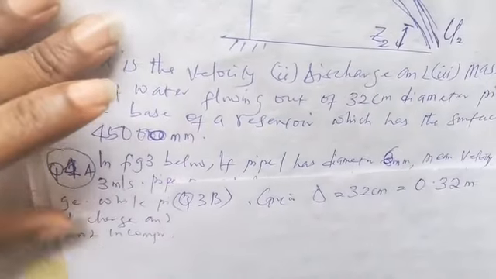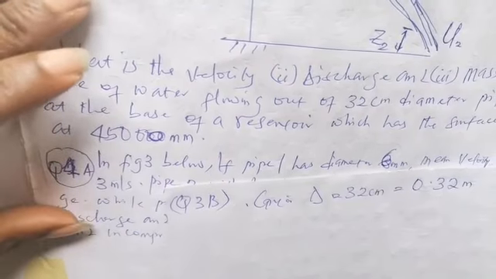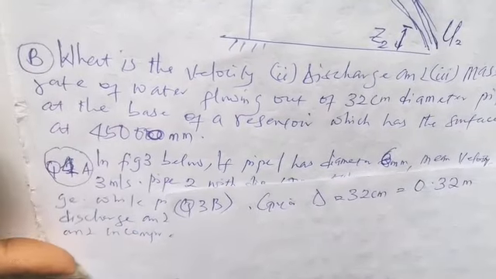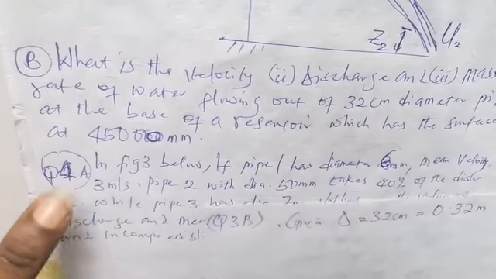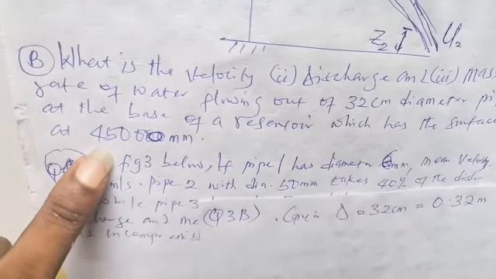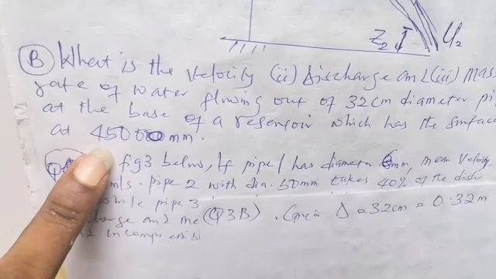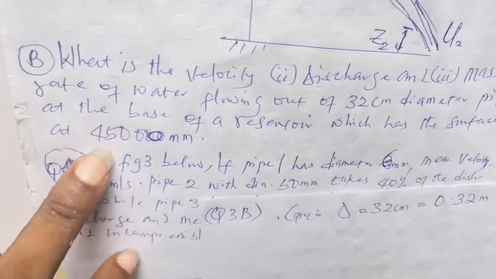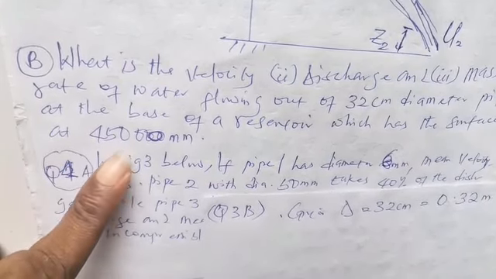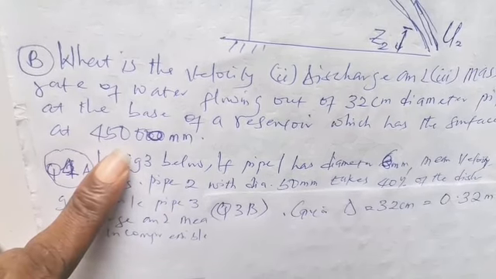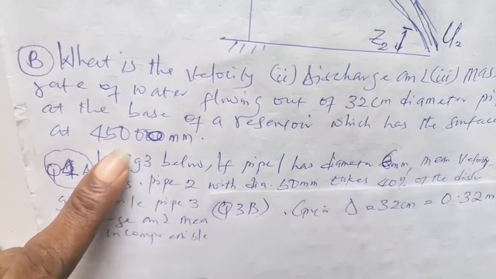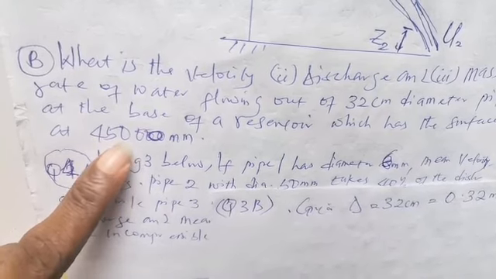All right, so they said the reservoir is at the base, which has a surface at 45,000 millimeters. So that now this surface at 45,000 millimeter indicates the height of the reservoir. Please mind you, this surface at 45,000 millimeter indicates the height of the reservoir. So they are simply telling you that the surface of the reservoir is at a height of 45,000.